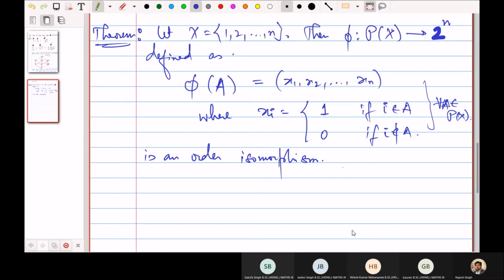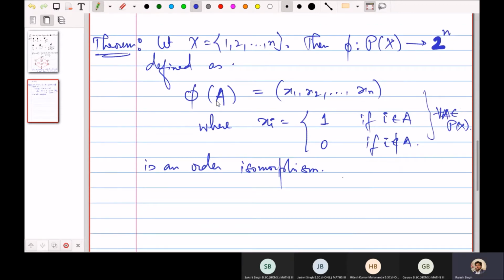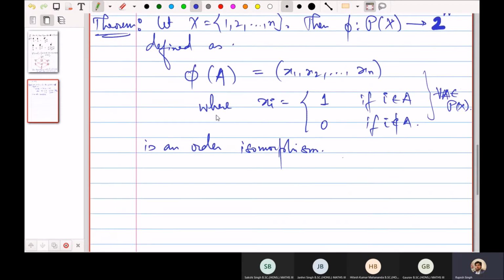Okay, good. So now we have to show that this is an order isomorphism. That is, we have to show that phi is order preserving and surjective. We do not need to show injective, because injective is automatically implied: if we show surjective and order preserving, then it is implied that it is injective.